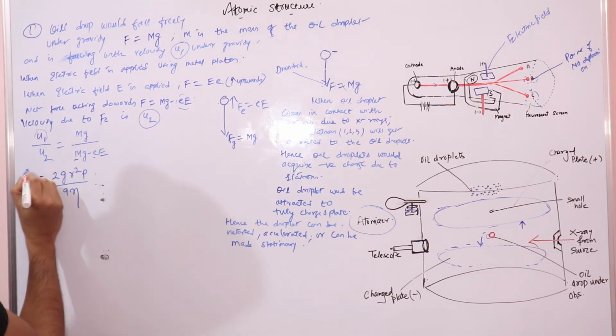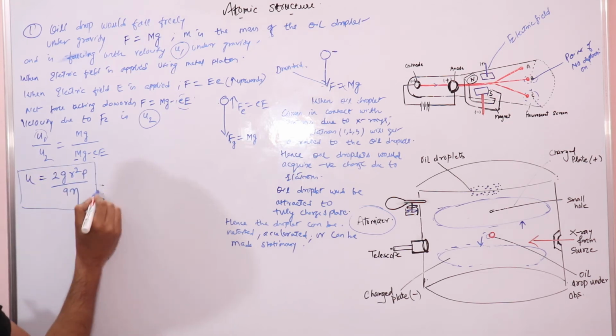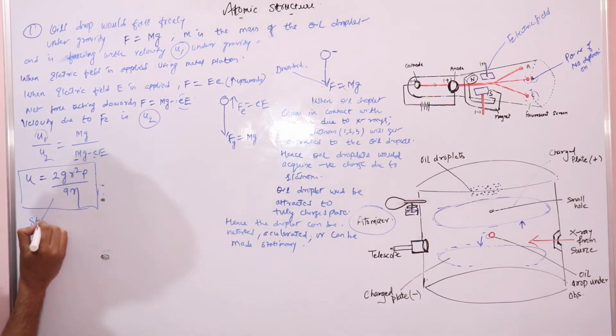This is the velocity of the oil droplet falling freely, as per Stokes' law.